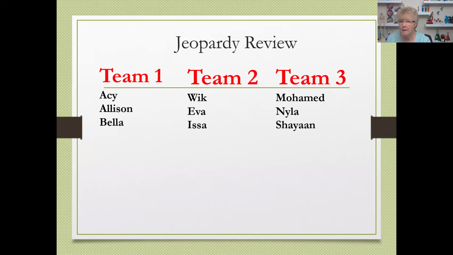So we'll put AC, Allison, and Nyla on one team, and then Muhammad, and Nyla. Nope, got Nyla on the other one. All right, hold on. We have 1, 2, 3, 4, 5 students. We need 1, 2. All right, so this is how we're going to do it. Oh, here comes Cheyenne. That's helpful.